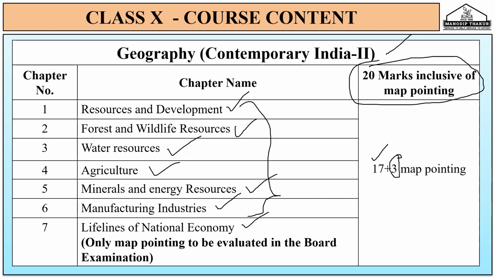Lifelines of National Economy will not be in the board examination; only map pointing will be evaluated from this chapter. So 6 complete chapters will be in the board examination from geography.